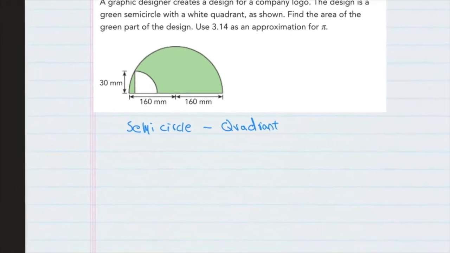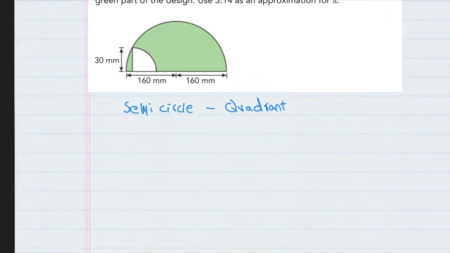And now we have to find the area of each figure. So the area of the semicircle is equal to pi times the radius squared. But that's for a whole circle, right? So we actually don't want to use pi times the radius squared. We want half of that.